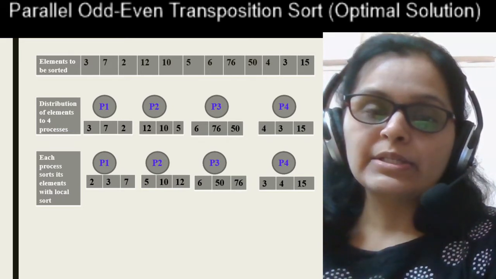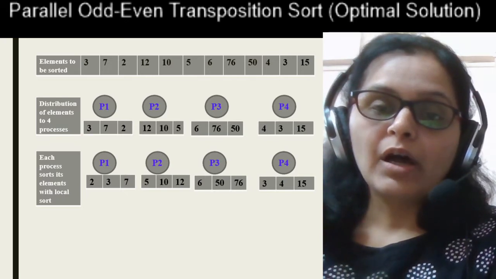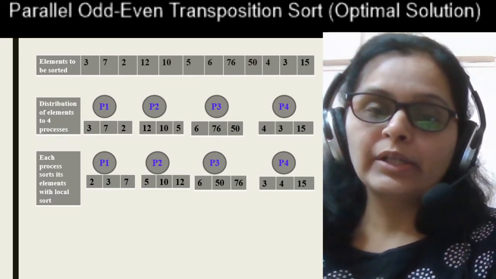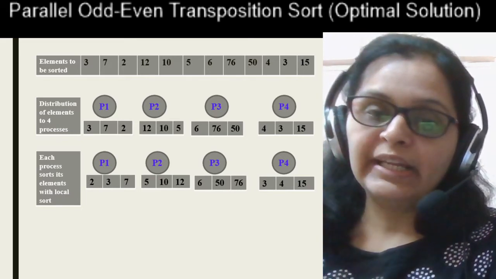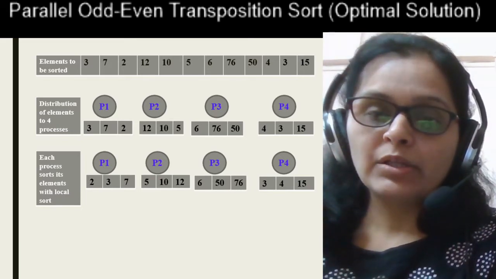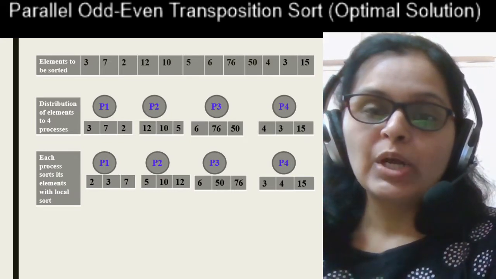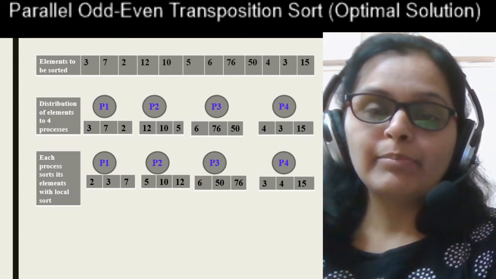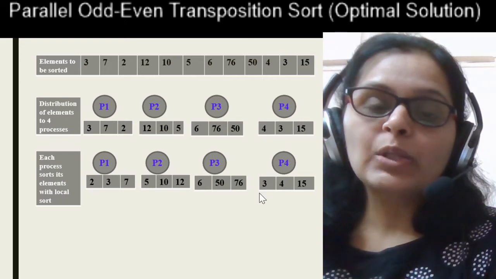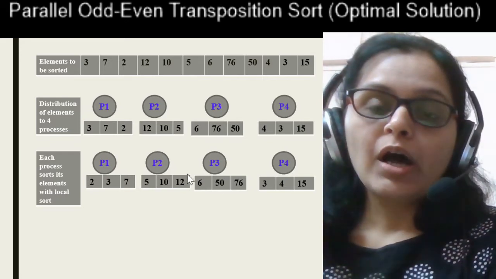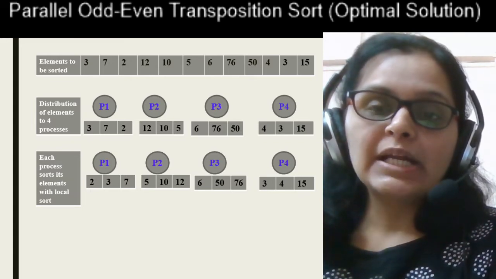So now let us move ahead. After this step, again this algorithm works in phases, odd phase followed by even phase. So as per the author, I have given the name of the textbook in the reference section also. So I am referring to the algorithm by the author. So as per the author, after this local sorting, you will get the results in P steps.